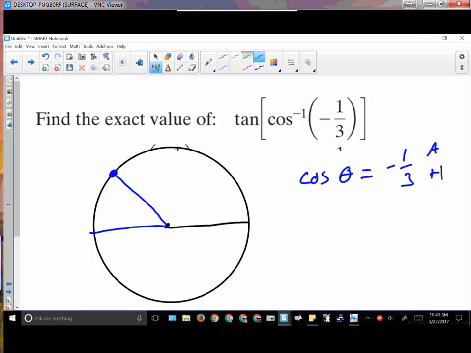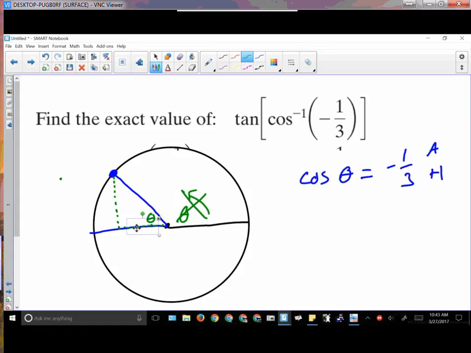That means that I have to think about it over here in these terms. I can't think about theta going this way. I have to think about theta being right in here. So we'll have to deal with that a little bit later. But this theta is the only thing that I can deal with right now.